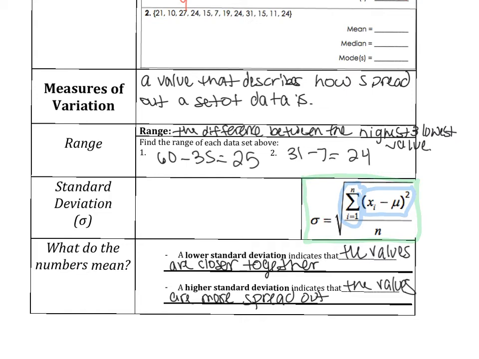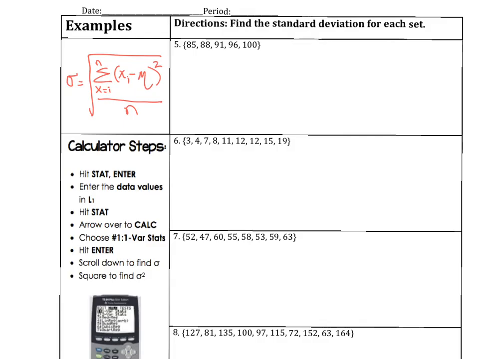So x sub i is each value in your data set, the first, the second, the third number, where mu is your mean. Once you subtract each of those and square it, you're going to add them all up, divide by n, which is how many numbers are in your data set. After doing all of that, you will finally take the square root. This will make a lot more sense when we get to an example.